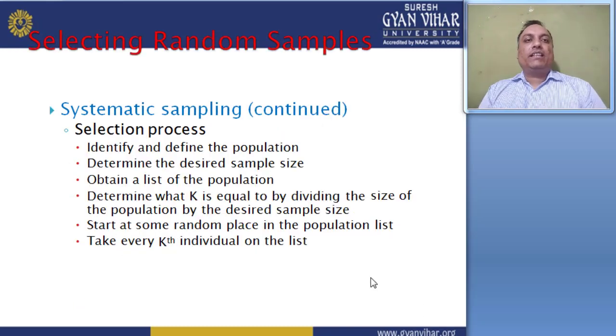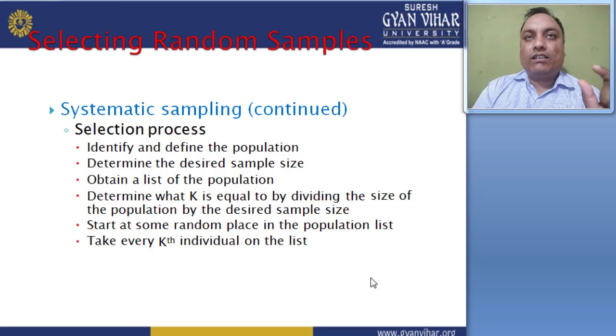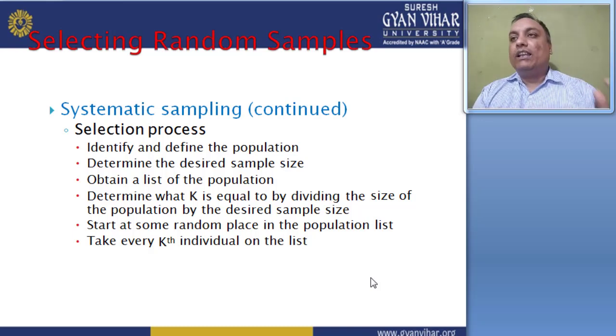and this is the systematic sampling selection process. And how does systematic sampling work? First you identify and define the population area and determine the desired sample size.